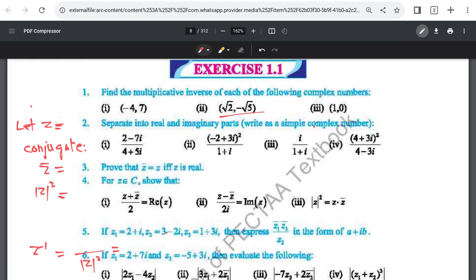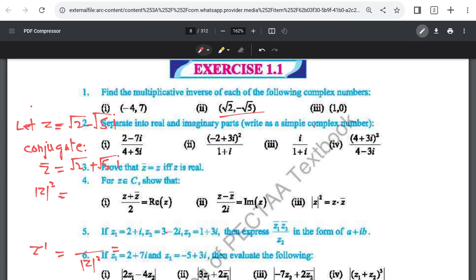First of all we write it in the complex form. So it is 2 square root minus 5 square root iota. Then the conjugate of this is: the square root remains the same and it becomes plus 5 square root iota.